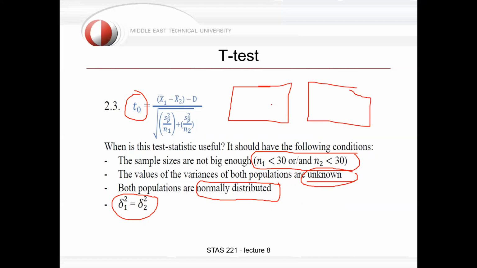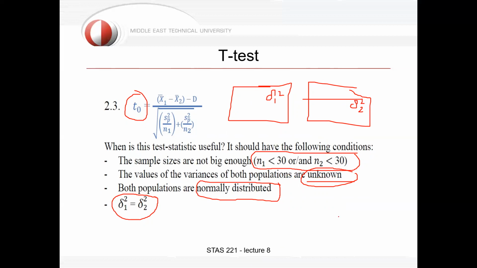So, two populations, and we have sigma 1 for this one, sigma 2 for this one. I know that they are equal, but I don't know the values of them. So I still don't know. That's why we say the variances of both populations are unknown, but I know at least they are equal.